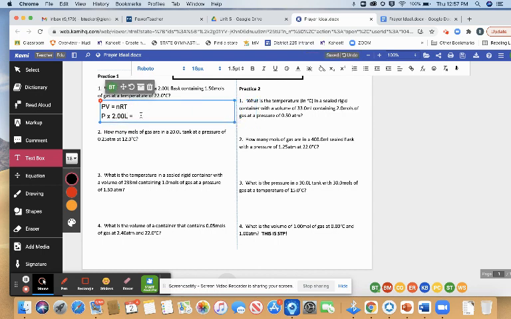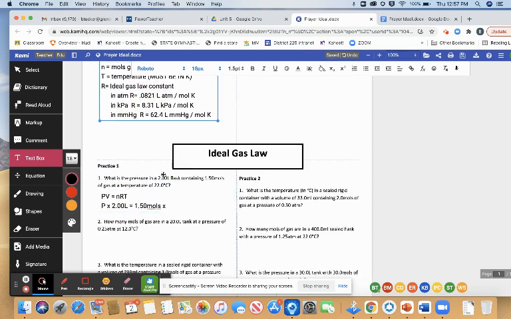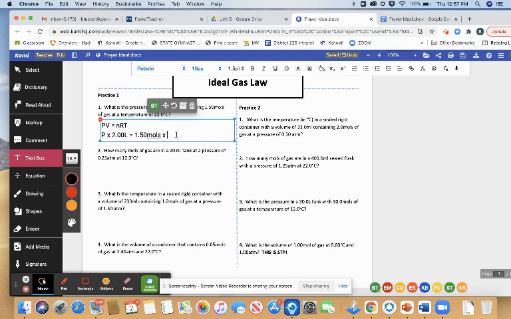That's going to equal n, we have 1.50 moles of gas. Now, I said if our answer choices are all in atm, let's make sure we use this 0.0821 R value. So we'll do times 0.0821 times T, and let's make sure we put that in Kelvin, 295 Kelvin. Now, if we're solving for pressure and this R value is in atm, we end up with about 18.2 atm.